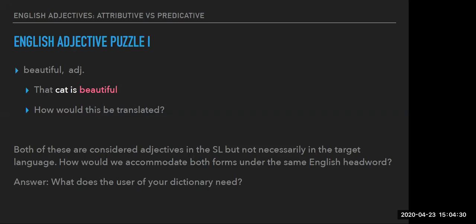It's not only the user, it will also vary from language to language, right? So the needs of your dictionary will not be the same. Once you work on a dictionary for another language, the needs might completely change, and you might have to throw out all the decisions you made for the previous language. So it varies from language to language.